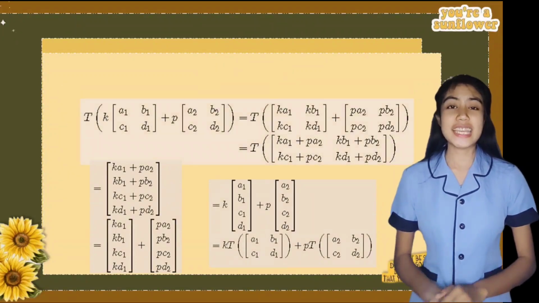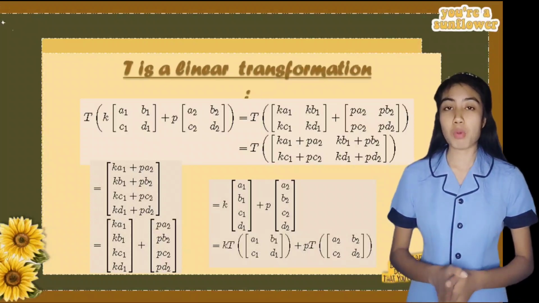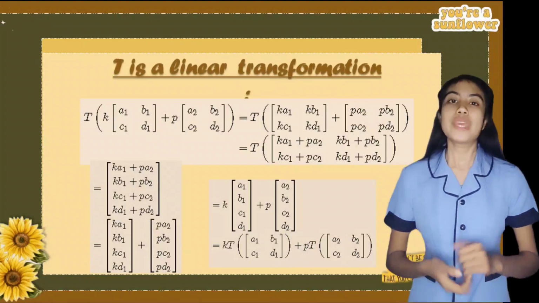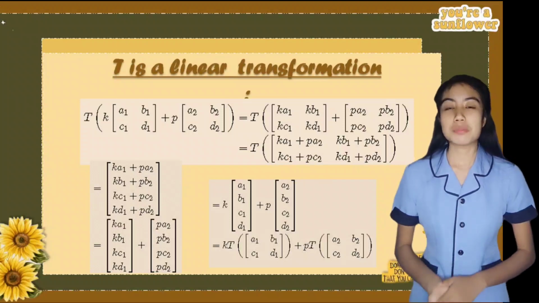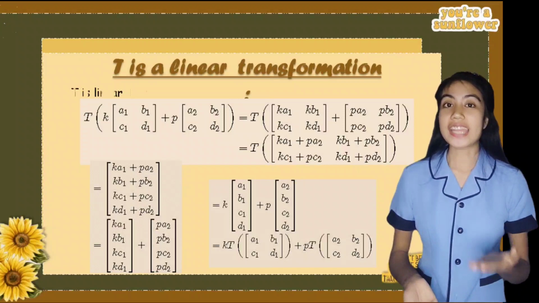Next, since T is a linear transformation that is both one-to-one and onto, we can conclude that T is an isomorphism. So this means that the vector spaces are isomorphic.